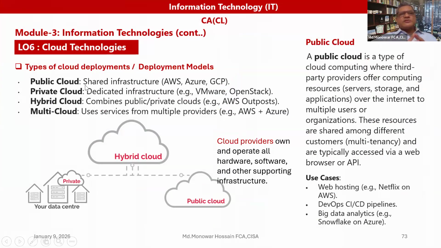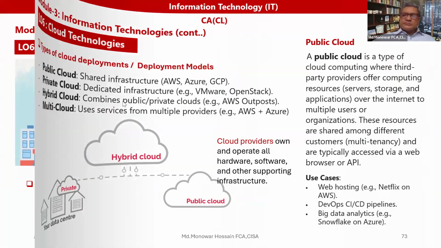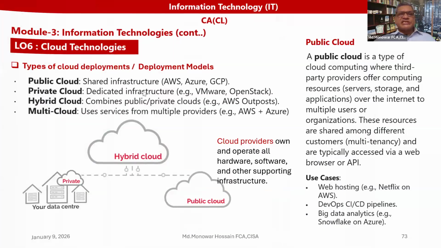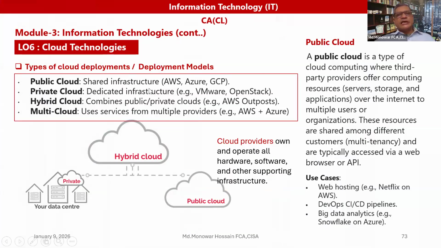If we see the types of cloud computing or deployment models, there are public cloud, for example shared infrastructure, as we see in Amazon and others. And private cloud, that means dedicated infrastructure.